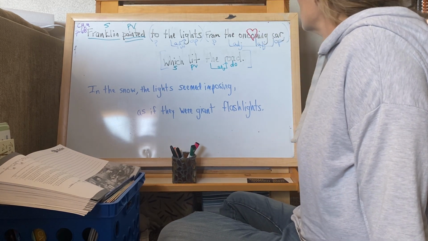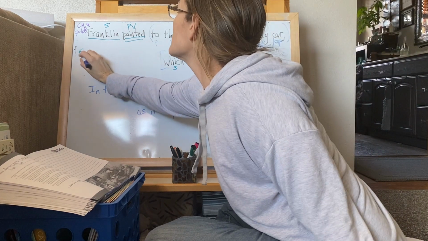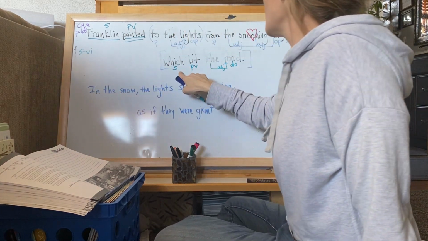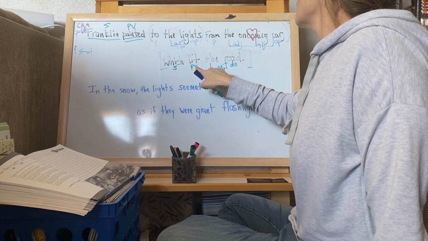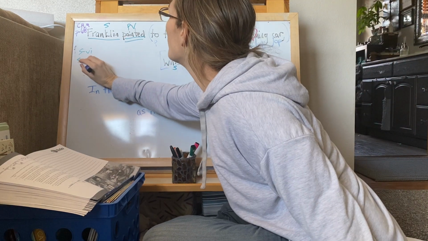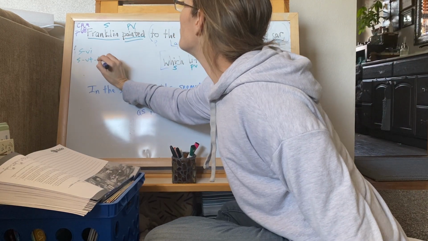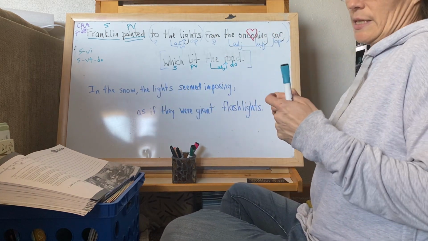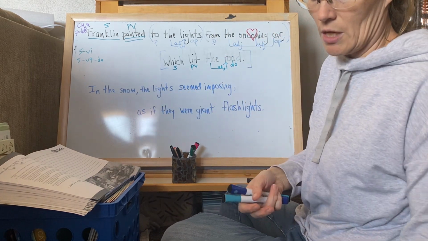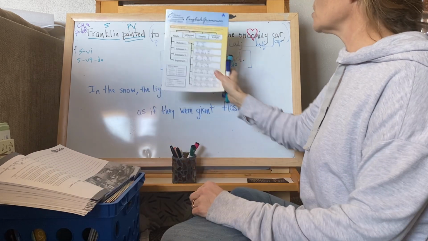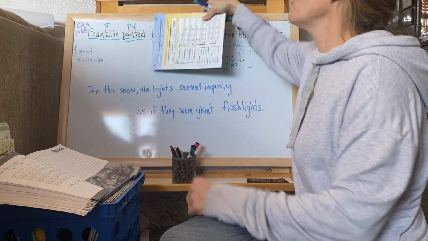It's a VI. So if this were a simple sentence, it would just be Franklin pointed. Simple sentence, right? Good point, Rojan. She said, hey, if this was just a simple sentence, Franklin pointed.